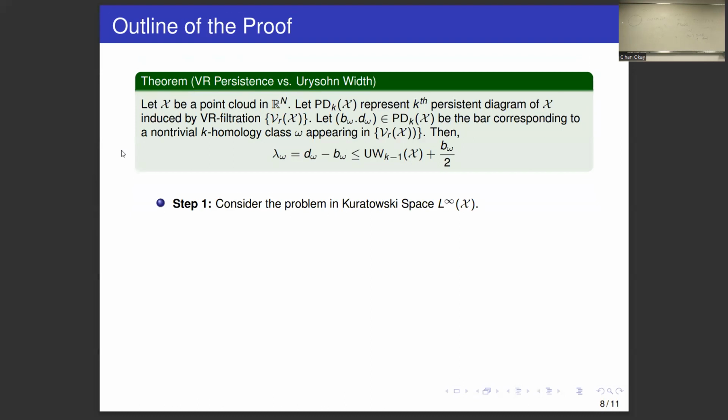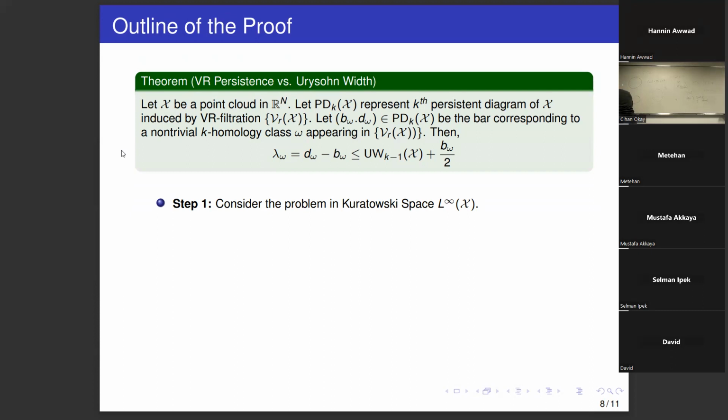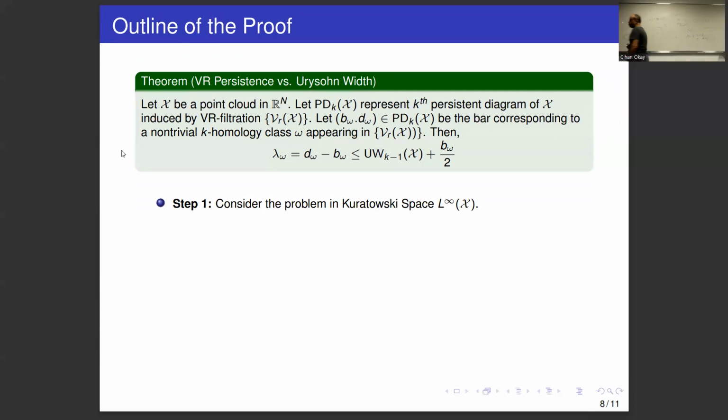Urysohn width is another metric invariant, which is very nice in the sense that it tells you essentially what your dimension is. So, for example, if you look at this very thin torus, it is a two-manifold, it's a torus, but it's essentially one-dimensional.